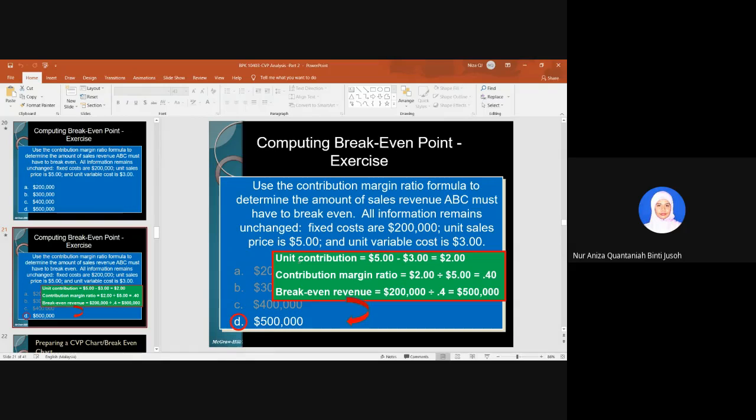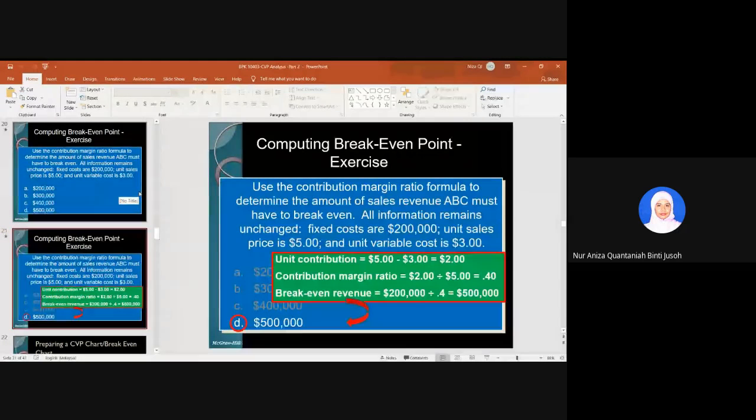So replace contribution margin per unit with the contribution margin ratio. So you will get this answer, untuk break even revenue. Faham tak? Boleh faham tak? Faham.